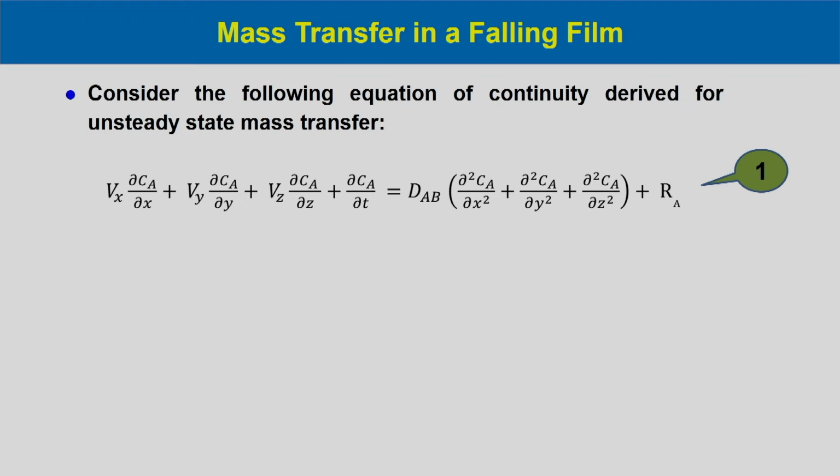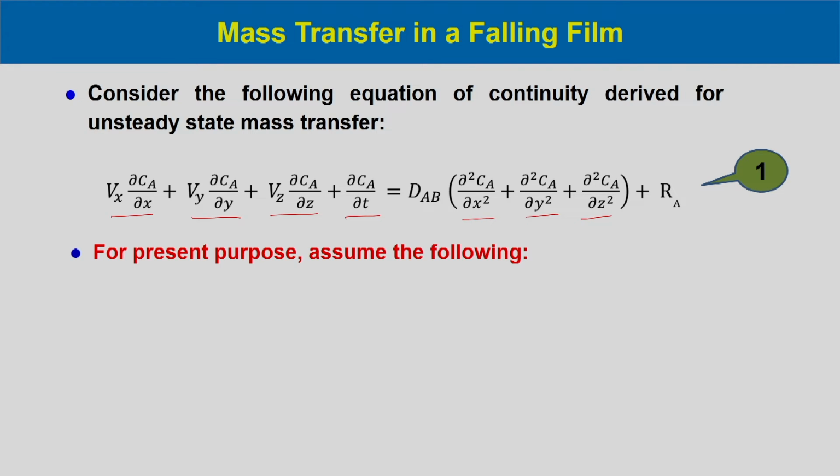So, basically this is the unsteady state mass transfer equation: Vx ∂CA/∂x plus Vy ∂CA/∂y plus Vz ∂CA/∂z plus ∂CA/∂t is equal to DAB times ∂²CA/∂x² plus ∂²CA/∂y² plus ∂²CA/∂z² plus RA. So, this is the equation of continuity derived for unsteady state mass transfer.